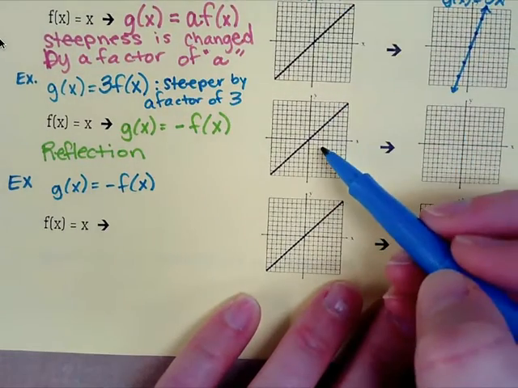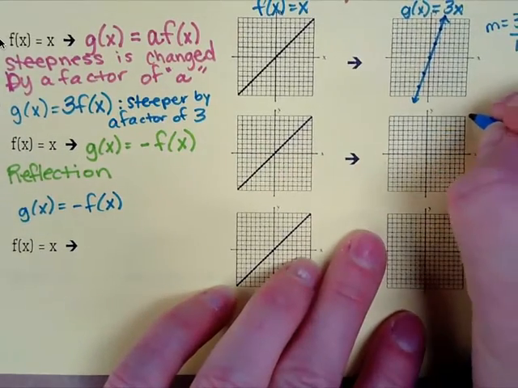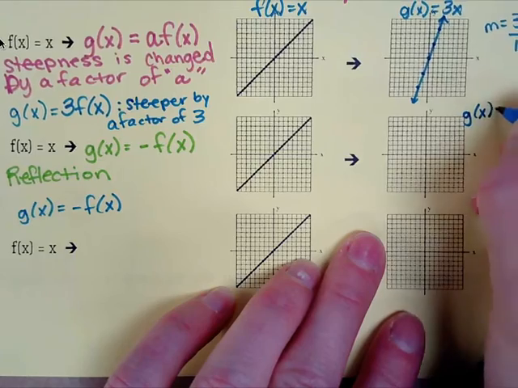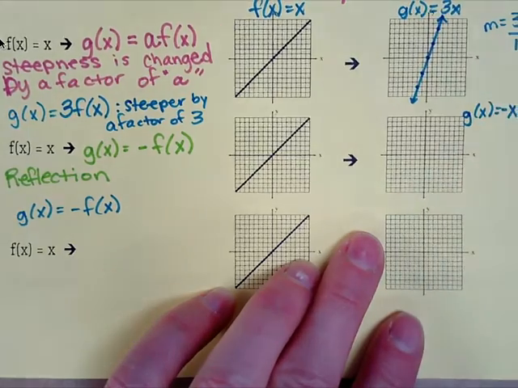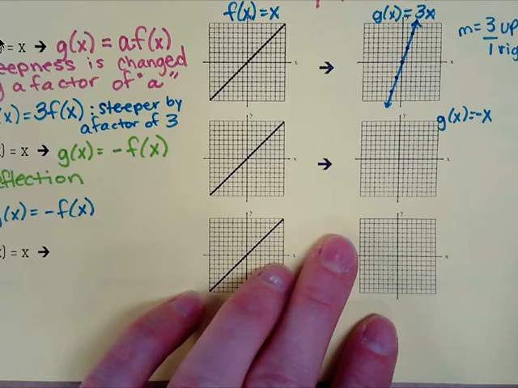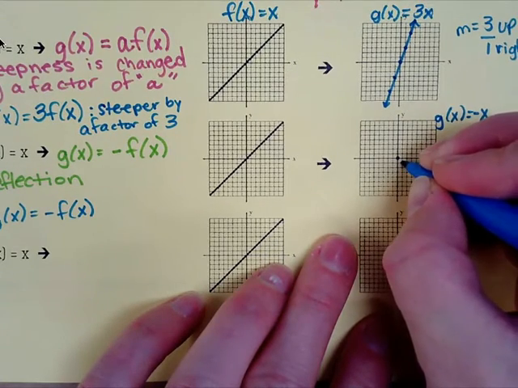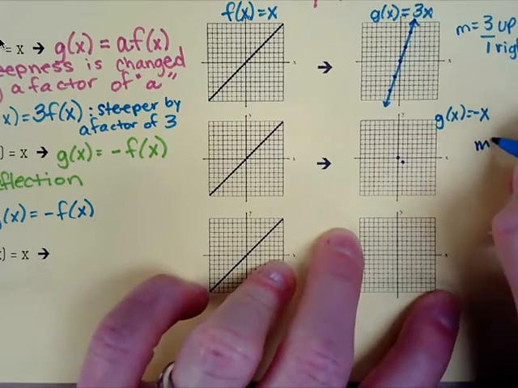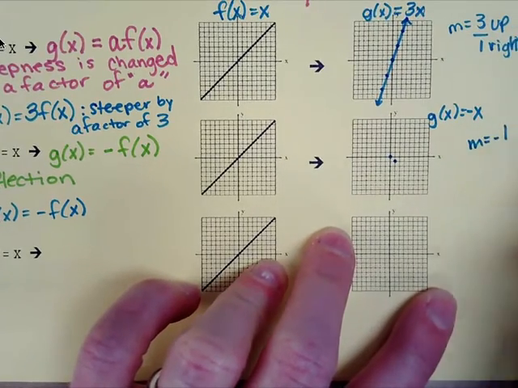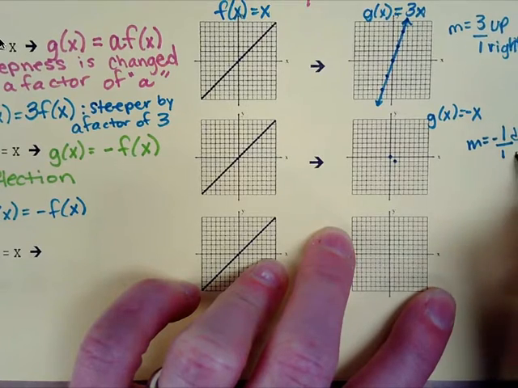So this is f of x equals x. This would be g of x equals negative x. So to graph this, we start at our origin, then we go down 1, right 1, because our slope is negative 1 over 1. So down 1, right 1.